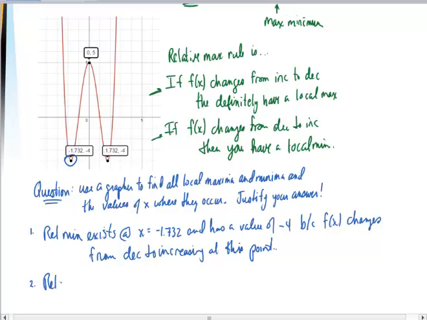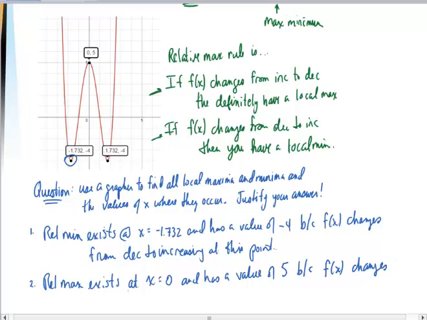I have a relative max at x equals 0 and has a value, remember, the value is again the y value, of 5, because f of x changes from increasing to decreasing at this point.